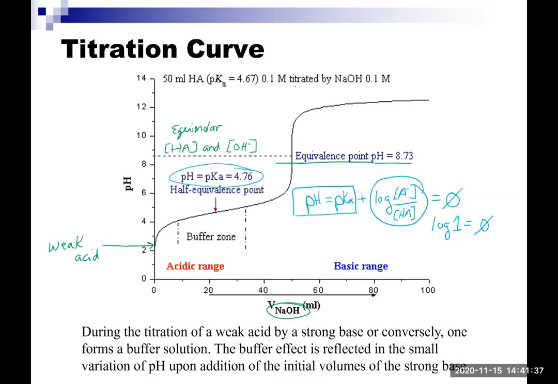Now, again, thinking about how this works, if we have HA reacting with NaOH, we know that what we're going to form is Na+ and A-, the conjugate base of HA, plus water.